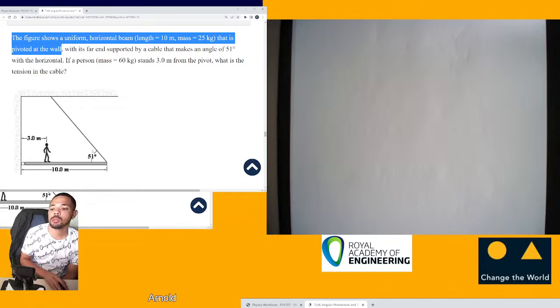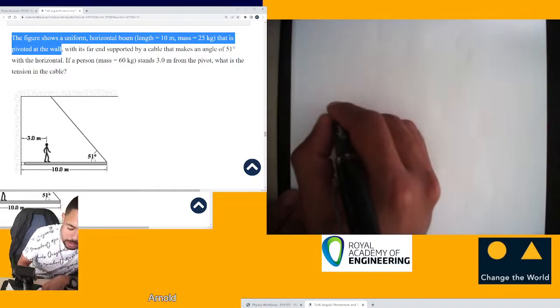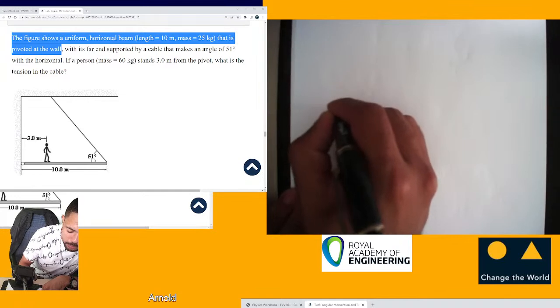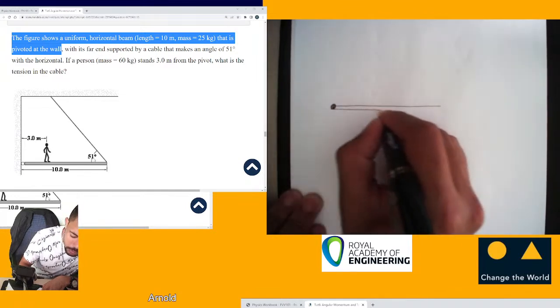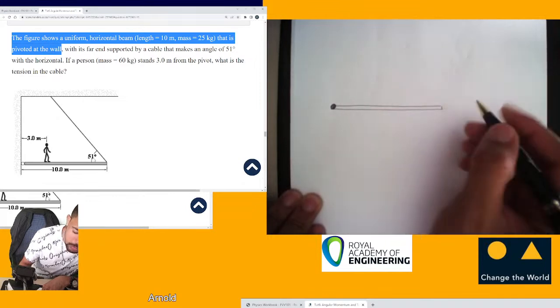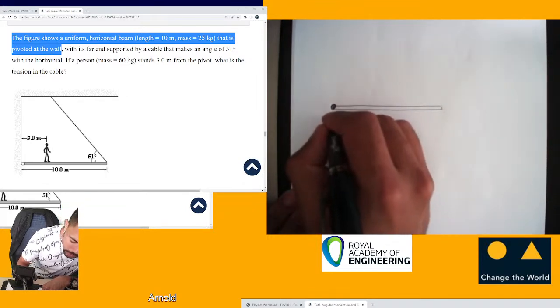So we have a cable here supporting this end, and it makes an angle of 51 degrees with the horizontal. Okay, so let's try and draw what is happening here. So we have a pivot, we have a beam of length 10 meters.